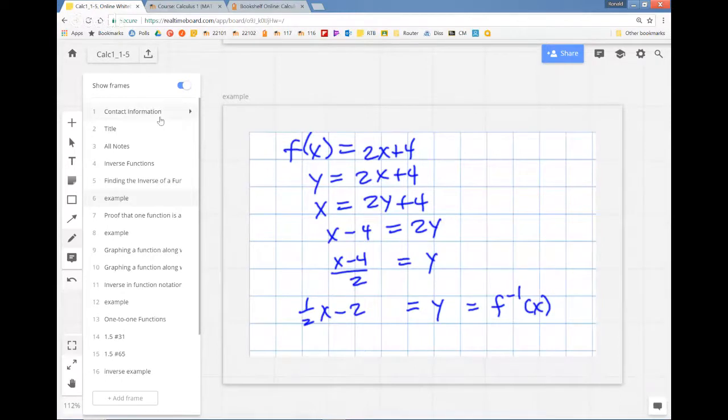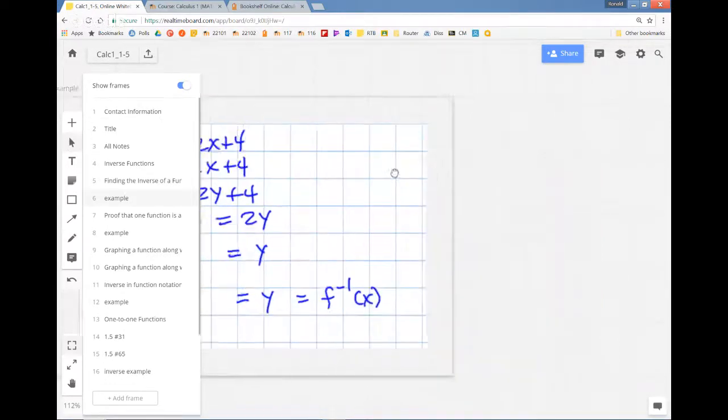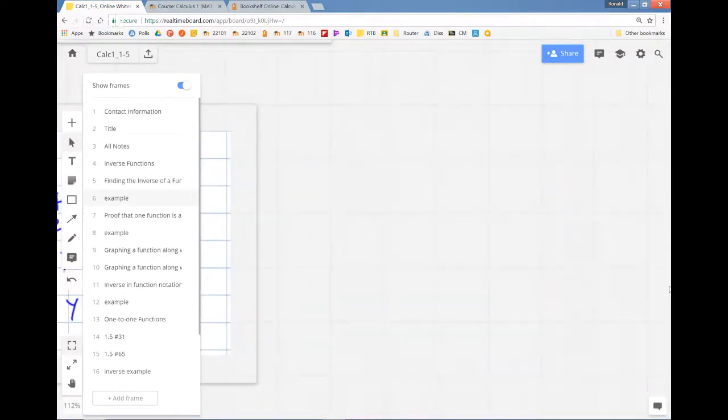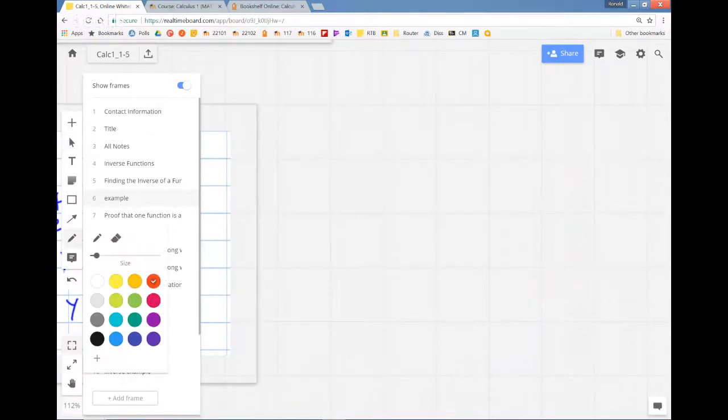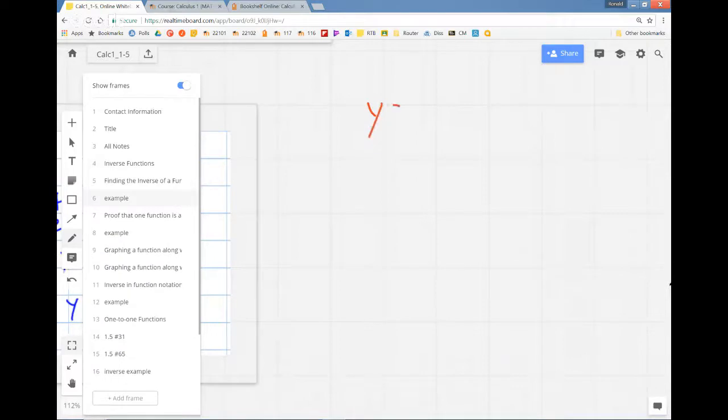Let's do another one, and find the inverse. The first step is swap. And then solve for the new y. So add 7 to both sides.